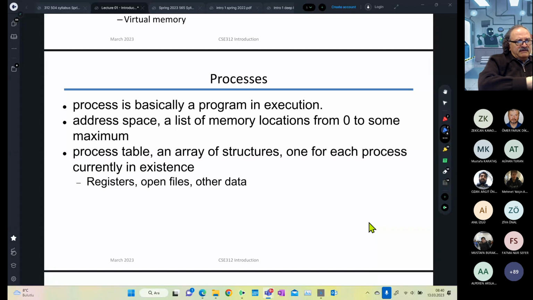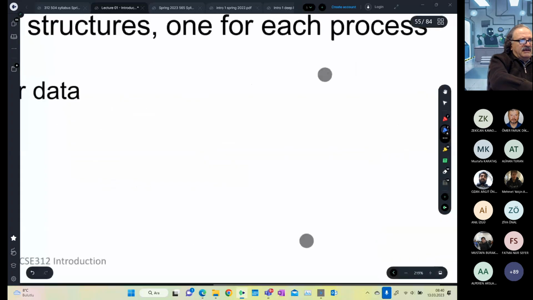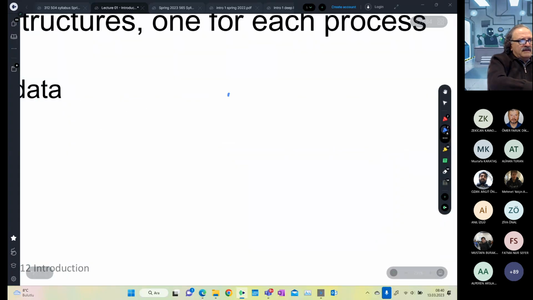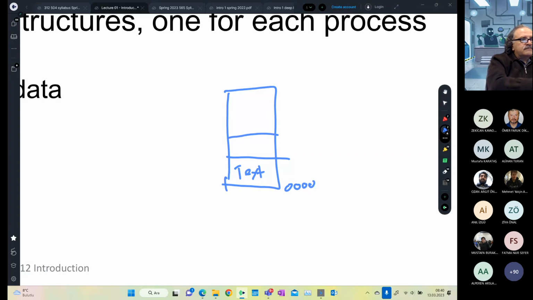If a program is running, then I'm going to show it this way. This is my memory. At the bottom of my memory, I have my code, which we call text, the instructions, and this is address 0000. And on top, I have maybe the data or the heap, and data is growing upwards.